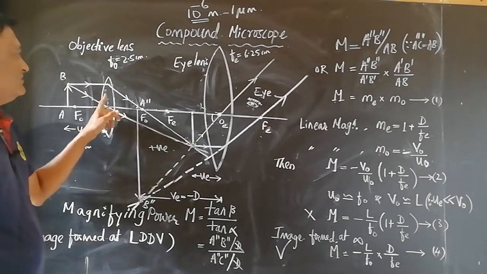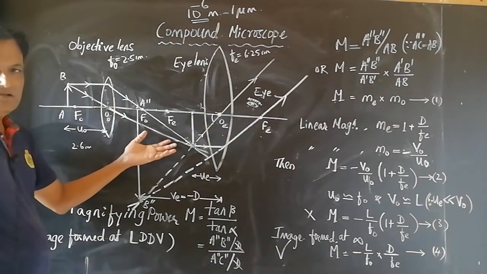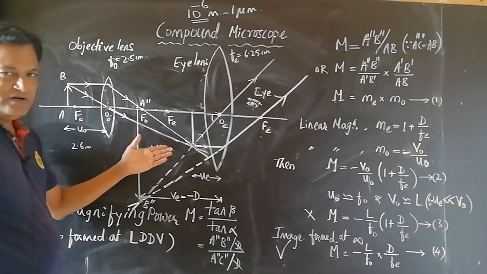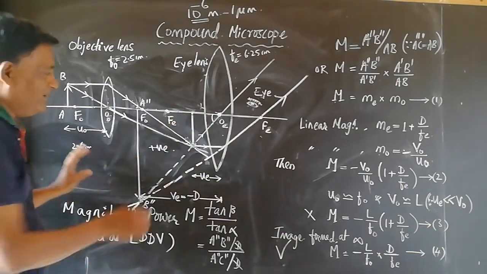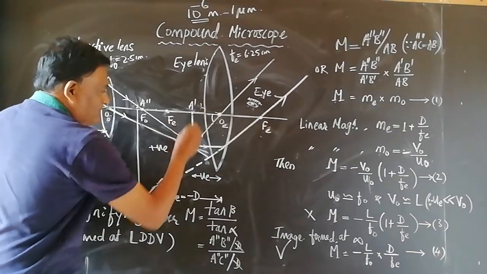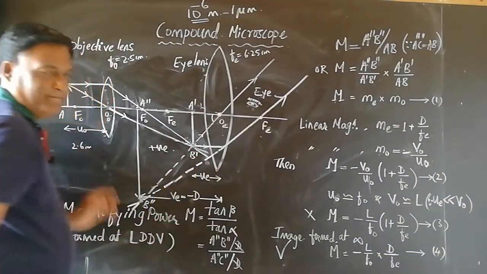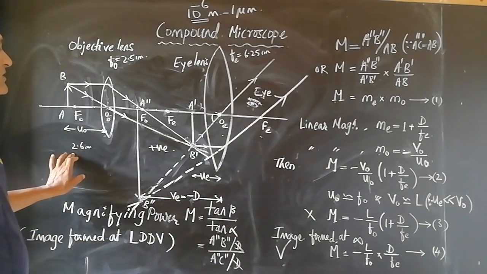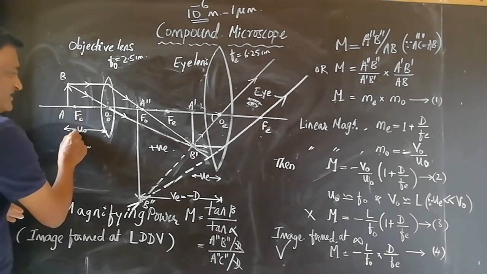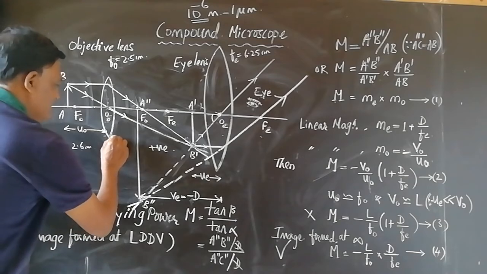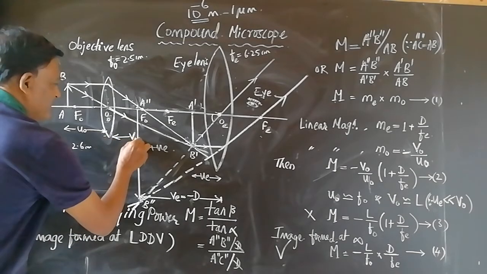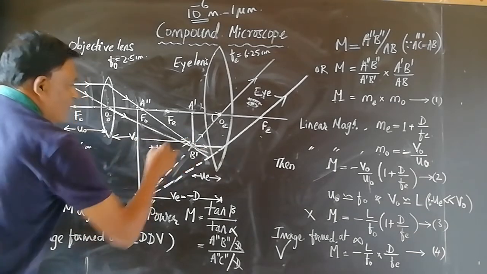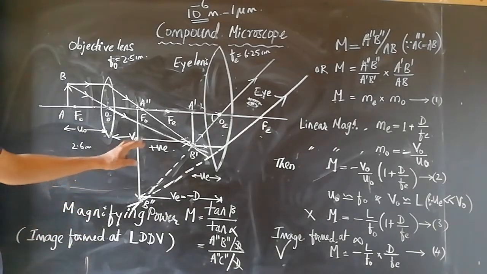Hence, the objective lens produces a real, inverted, enlarged image A dash B dash. UO is the object distance, whereas VO is the image distance for the objective lens.